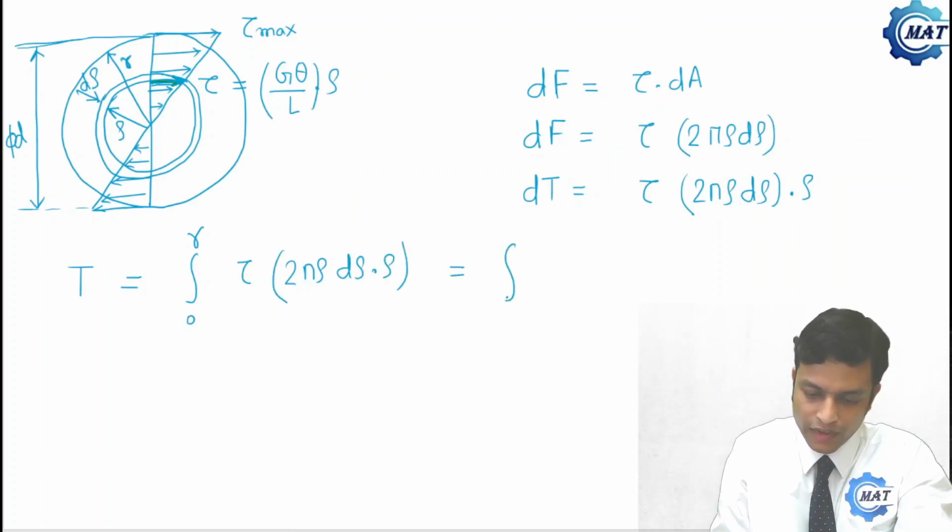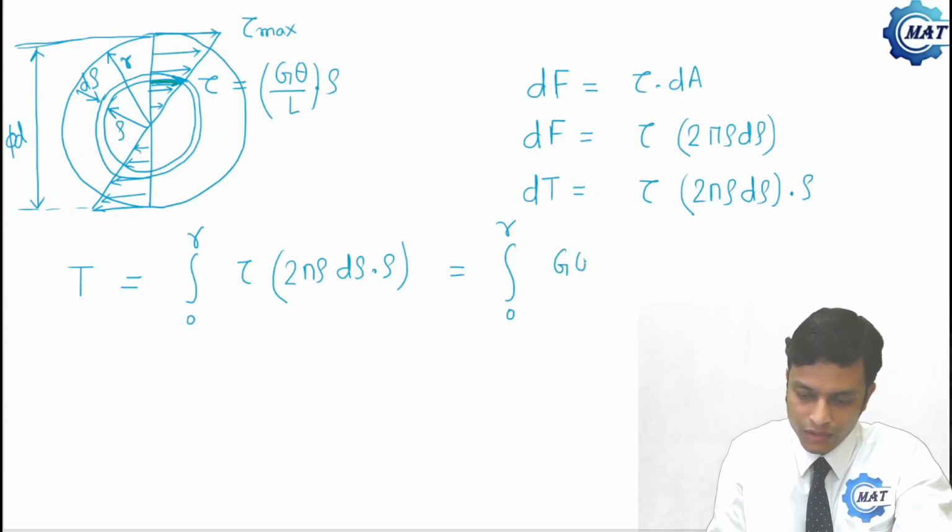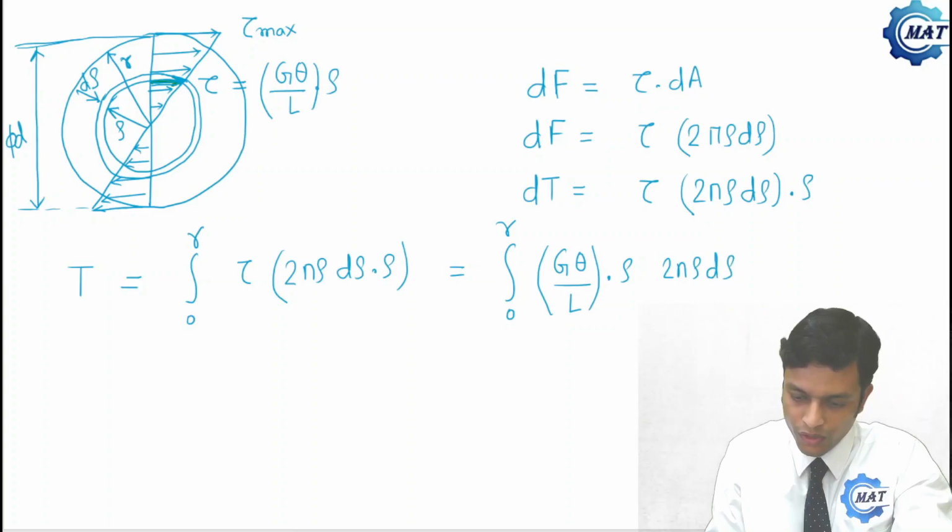Now let us put the value of tau. Tau is G theta by L into rho, into 2 pi rho d rho into rho.